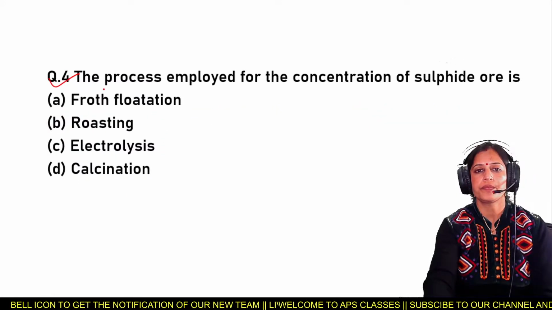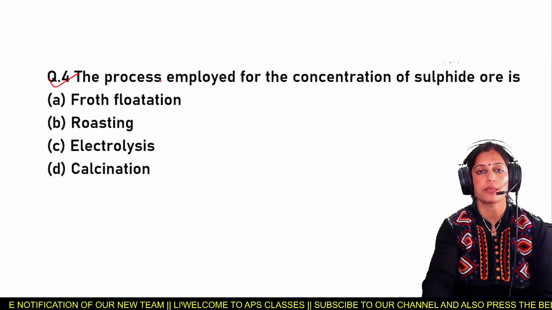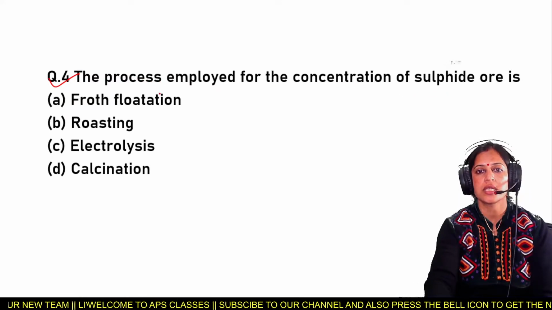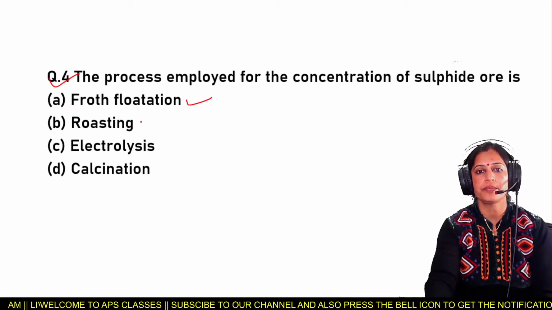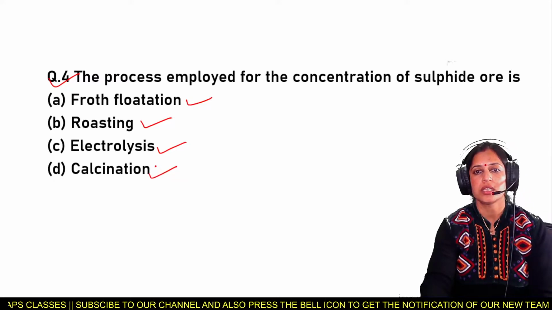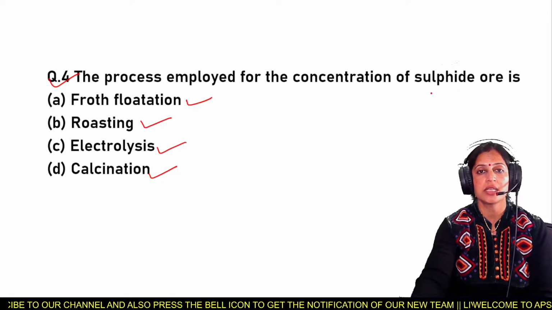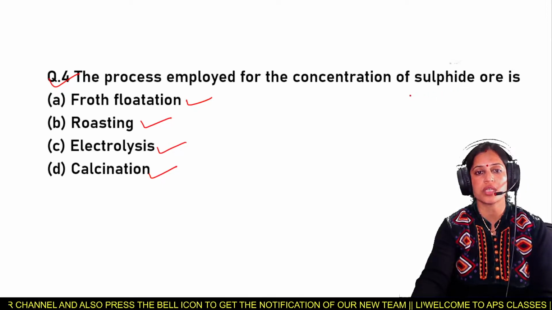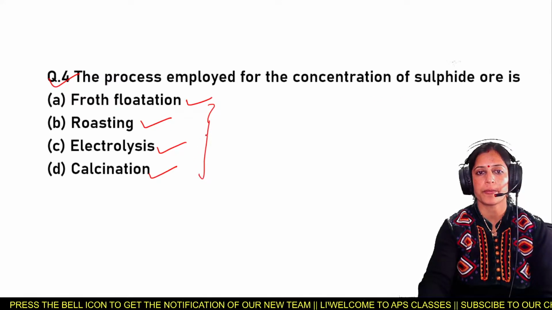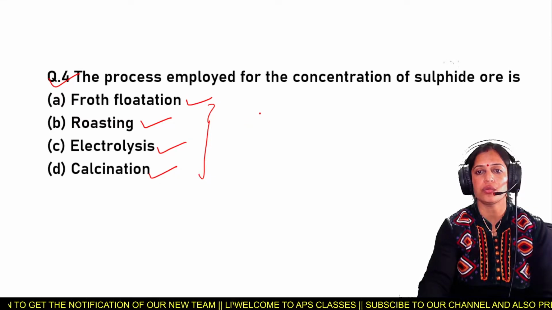Next is question 4. The process employed for the concentration of sulfide ore is: A froth flotation, B roasting, C electrolysis and D calcination. The process employed for the concentration of the sulfide ore is froth flotation.